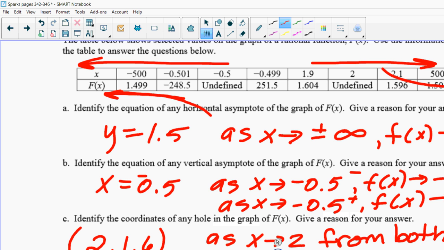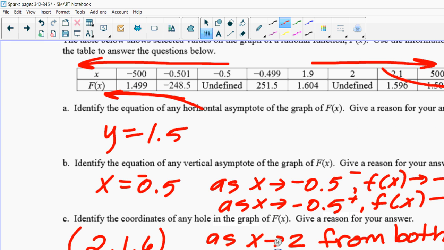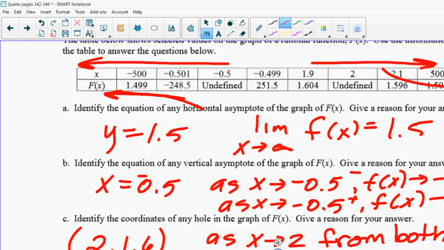Now let me show you how we're going to write that in calculus. It's LIM for limit. So this is what you will see in calculus. So again, mathematicians are lazy writers.